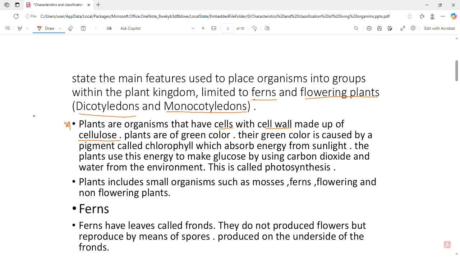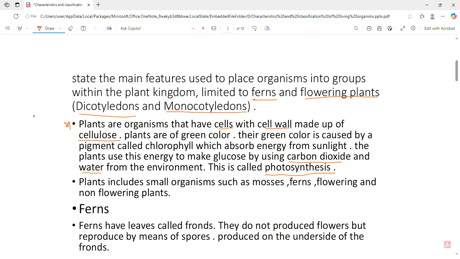The plant uses this energy to make glucose by using carbon dioxide and water from the environment. This is called photosynthesis. Photosynthesis is a well-known process of plants in which they make their own carbohydrate food by using carbon dioxide and water from the environment.